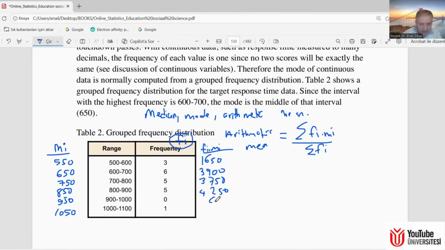This is going to be 0. And then this one is going to be 1050.